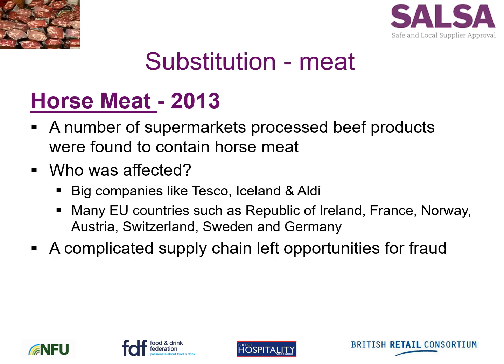We'll now take a look at examples of substitution. Horsegate had a major impact on British food manufacturing. It affected burgers and ready meals and really highlighted how complicated supply chains have become.